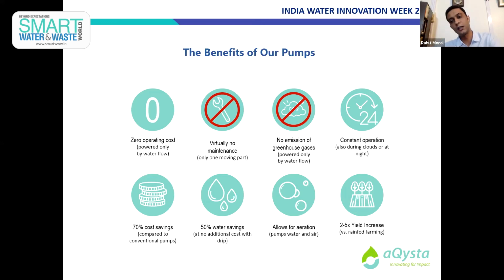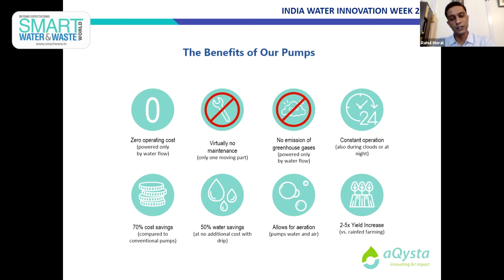Virtually no maintenance, because it has been designed in such a way that it's robust, and the materials used in the pump are high quality. So there is virtually no maintenance, and any little damage that happens to the pump due to debris in the river or something similar, we repair free of cost. Right now, because we are in the demonstration phase, we want to find out what real world scenarios the pump will face. But in the future, we will develop a more comprehensive system for maintenance.